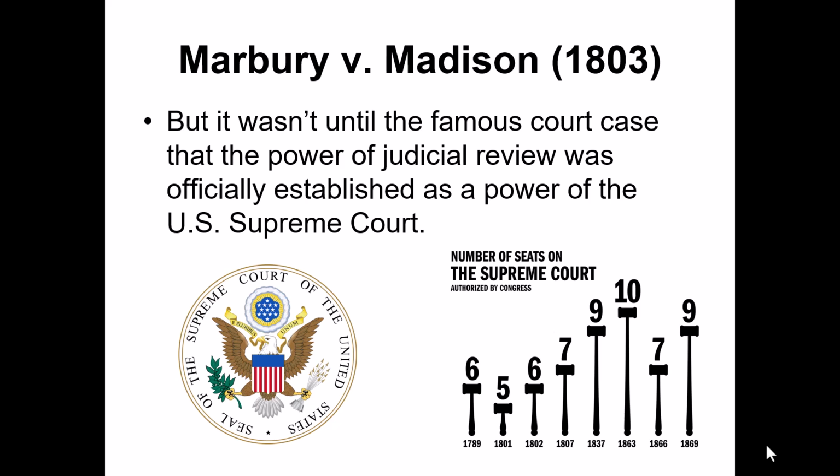Adams, not wanting the next president to be able to nominate and appoint a Supreme Court justice, Adams, a Federalist, and the Federalist-controlled Congress ended up passing a law reducing the size of the Supreme Court from 6 to 5, preventing Thomas Jefferson from being able to put a Democratic Republican nominee on the Supreme Court.